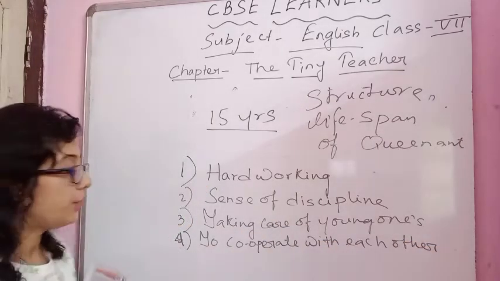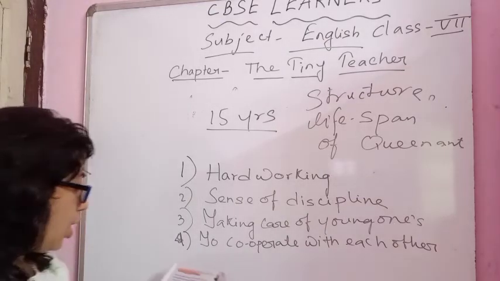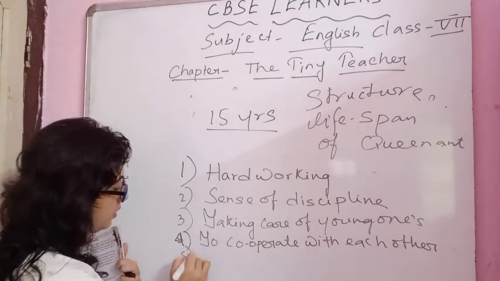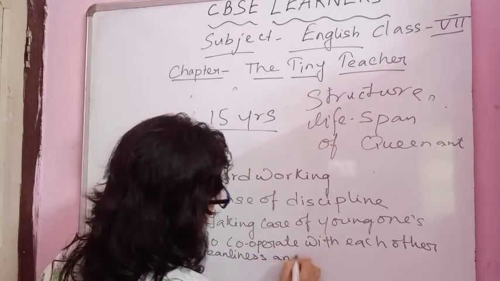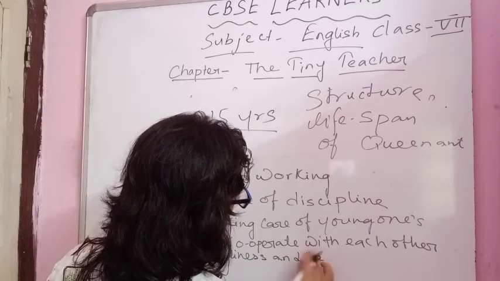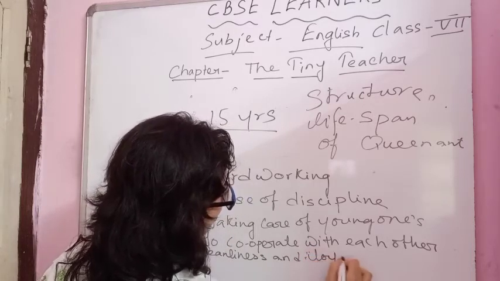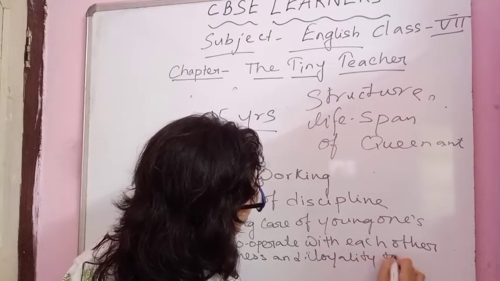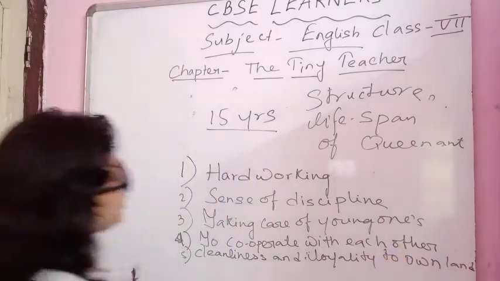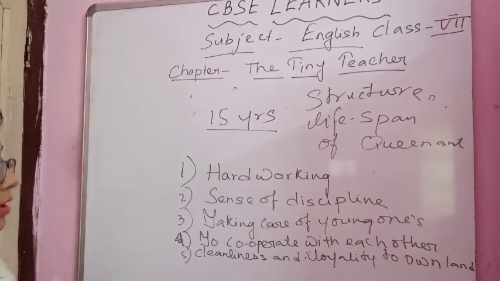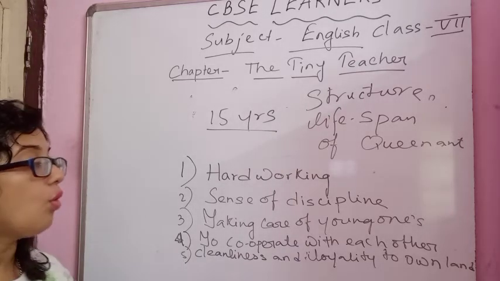Next is cleanliness. And the sense of loyalty to own land. So the first thing is hard working, then sense of discipline, taking care of young ones, cooperating with each other, cleanliness, and the most important thing is loyalty to own land.